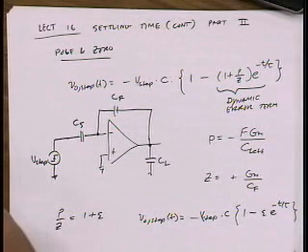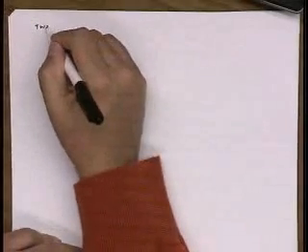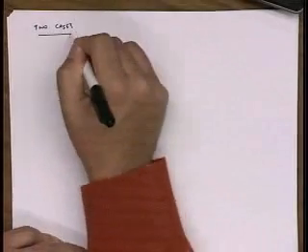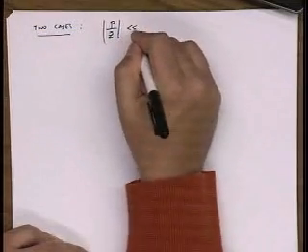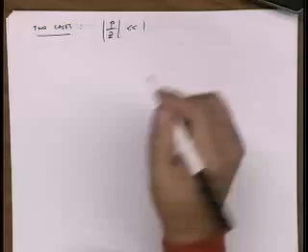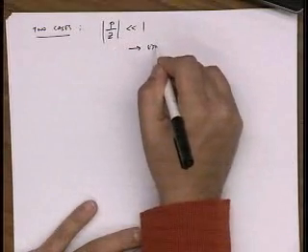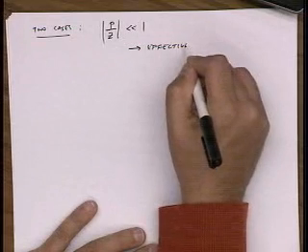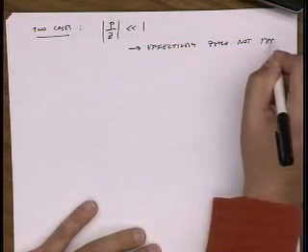Okay. Any other questions? All right, so what are some practical cases? So practically, you either have a situation where the zero is at a much higher frequency, and as we'll see, effectively the zero is not there.